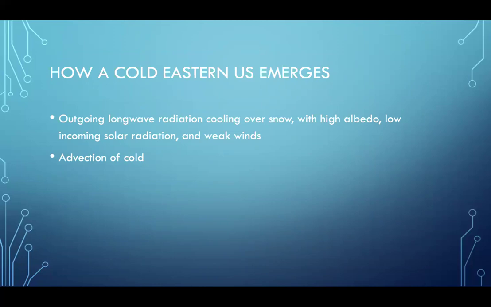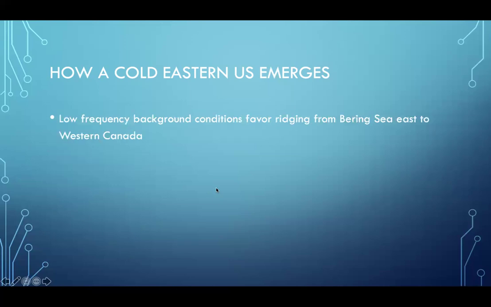Cold air, of course, is a consequence of a temperature balance that favors cold, which means, for example, high outgoing long-wave radiation over snow, which is a good radiator, high albedo or darkness, which both imply less energy coming in, and weak winds, that is, not much mixing or intrusion of warm air into the cold air mass. Once you have the cold, you can move it around, and that's of course the advection of the cold air.